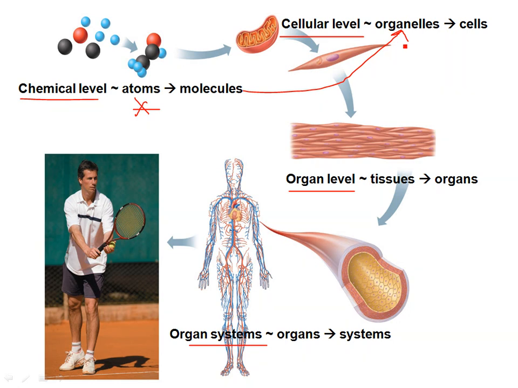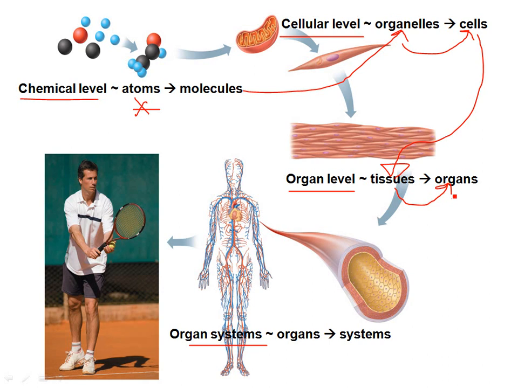If I get different organelles together performing so that they are a common functional unit, that is a cell. The cell is the moment in which you have life. If I get different cells together performing common function, that is a tissue. And there's 4 categories of tissues in the human body. If I get 2 or more tissue types performing common function, that is an organ.